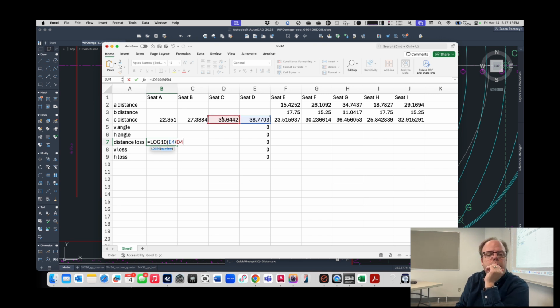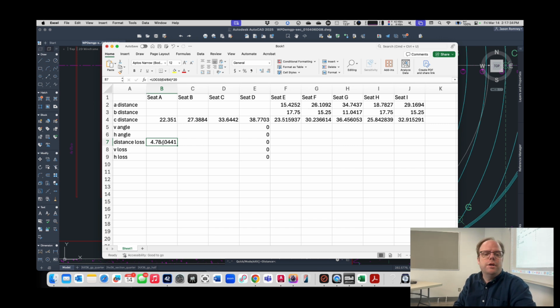Or no, it would be, we're doing A, so seat A. If we just do this off of those two distances and then multiply that by 20, we will get the dB difference between sound traveling those two distances. Okay?